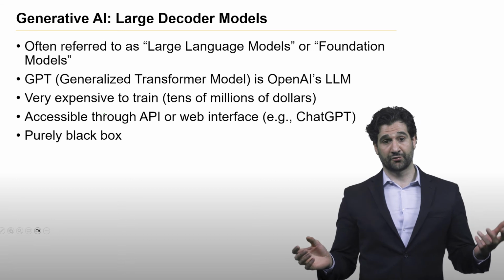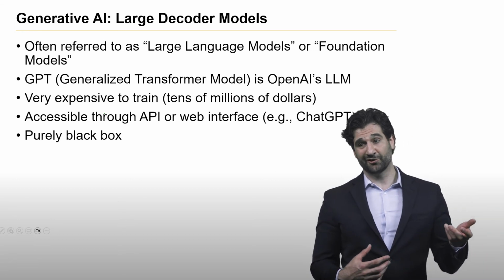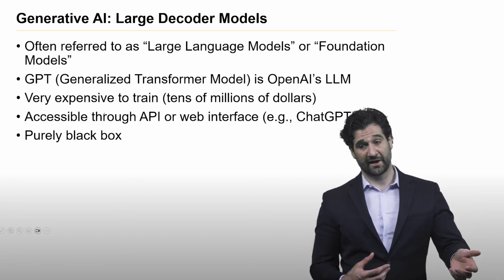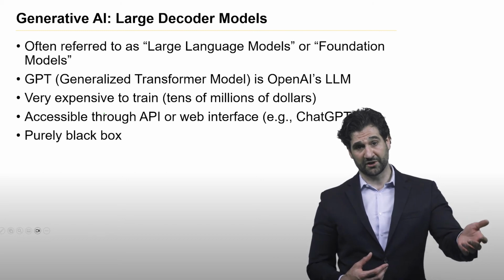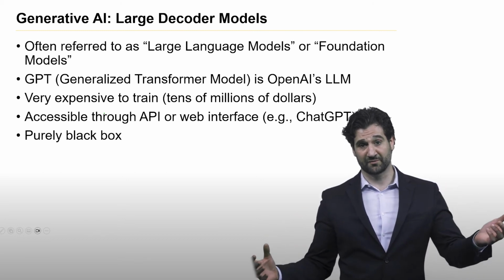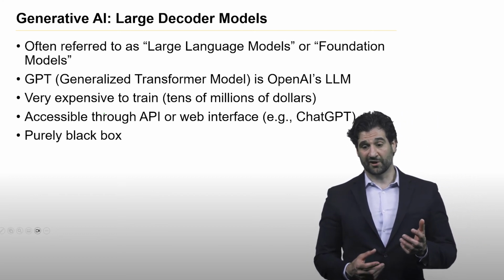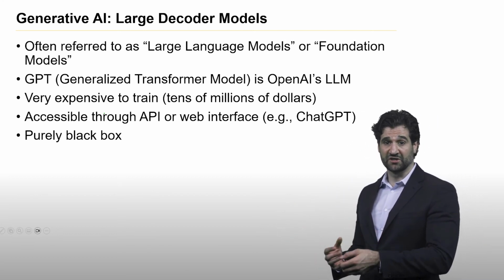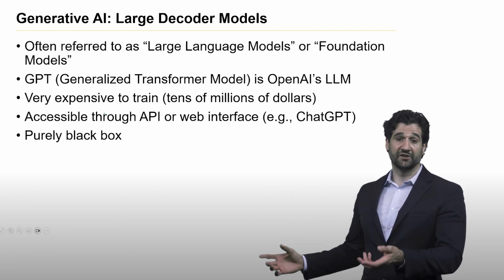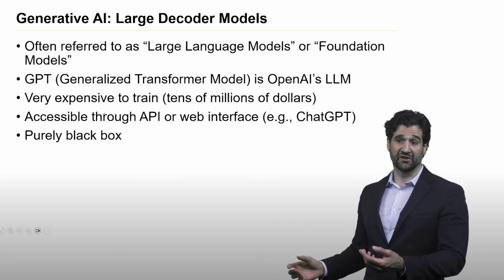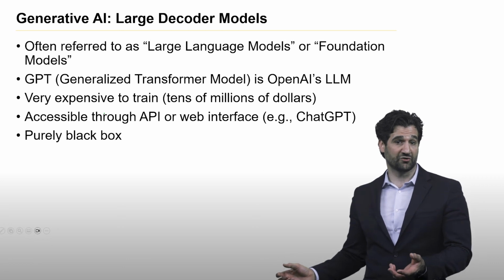Now, this is a purely black box thing, not only in the typical way we talk about a neural model being black box in general, in that it's hard to make sense of all these weights, but we also don't know what changes a company like OpenAI is making to the model behind the scenes. Did they retrain it the other week?